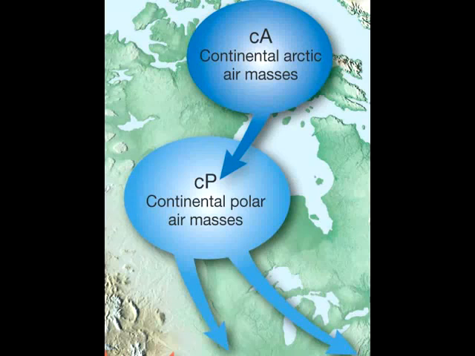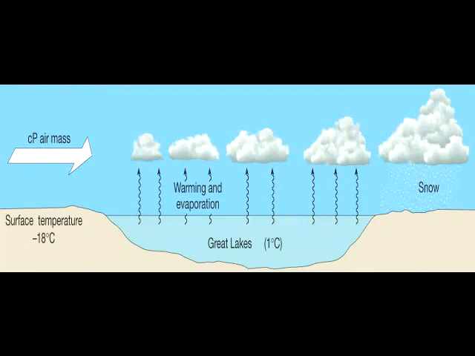CP and CA air masses are generally dry and therefore produce little precipitation. In summer, CP air masses are only moderately cool and often end heat waves in the northern United States. An exception occurs when they are traversing the Great Lakes in winter.